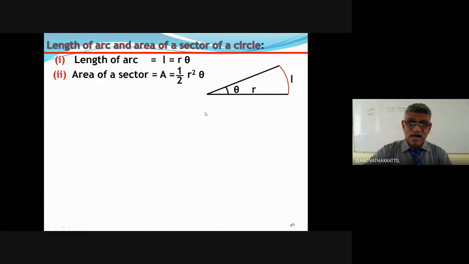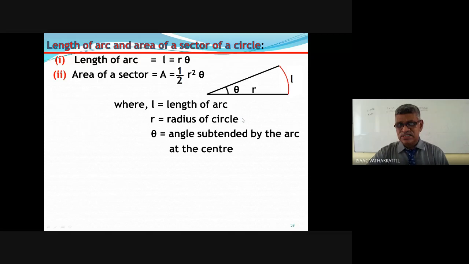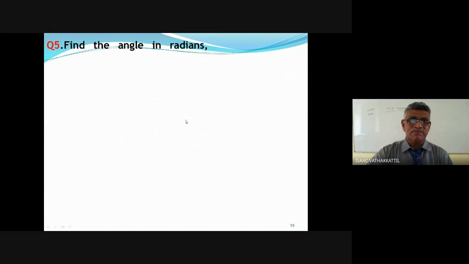But you have to take care that theta must be measured in radians only. L stands for the length of arc, r for the radius of the circle, and theta for the angle subtended by the arc at the center in radians. If it is in degrees, you convert to radians and only then apply the formula.